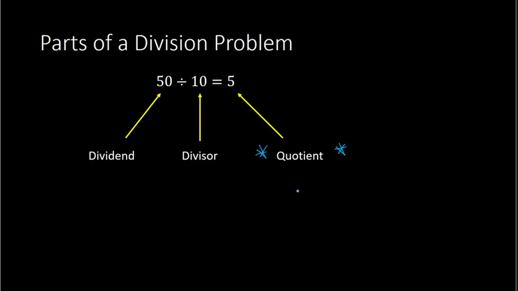Now, with the different parts of a division problem, there are different relationships between them. So using a different example, if we had 40 divided by 10 equals 4, this is a true statement, where 40 is your dividend, 10 is your divisor, and 4 is your quotient. I color coordinated this to help you visualize what we're doing.